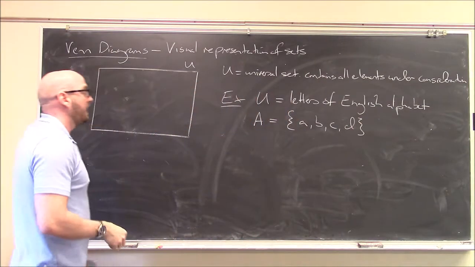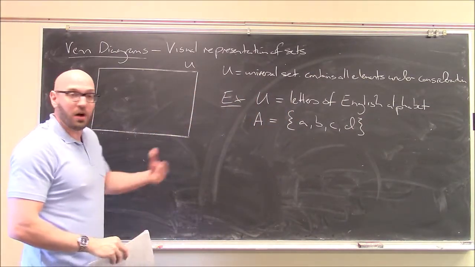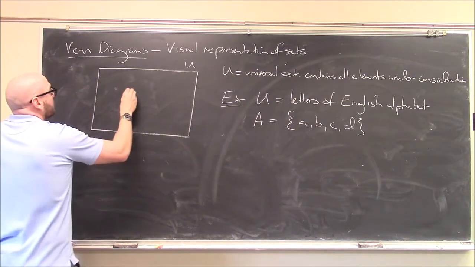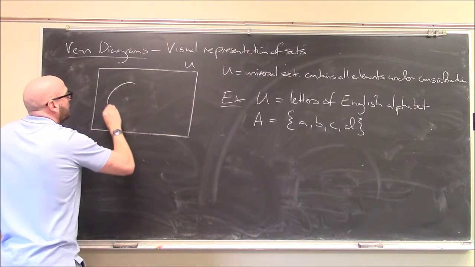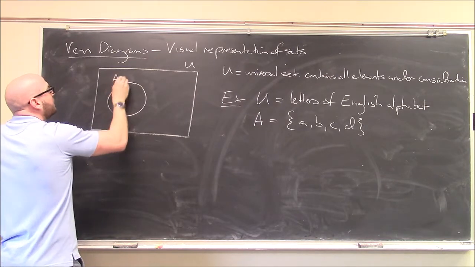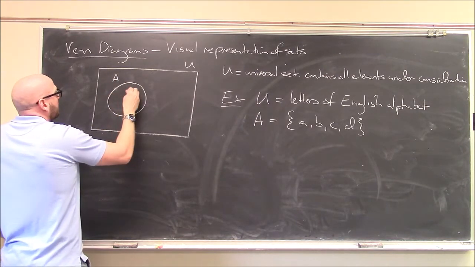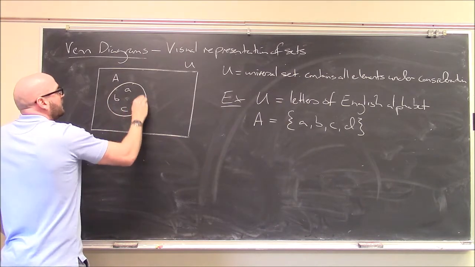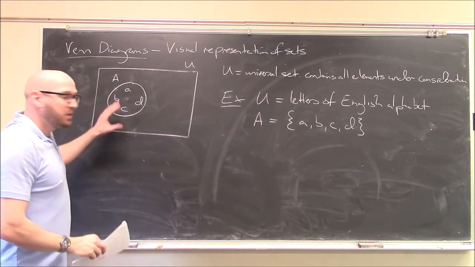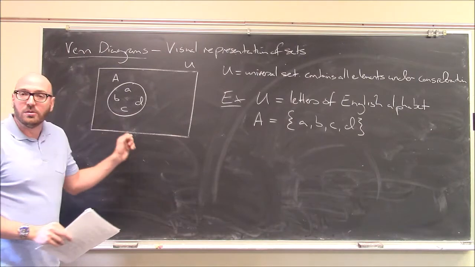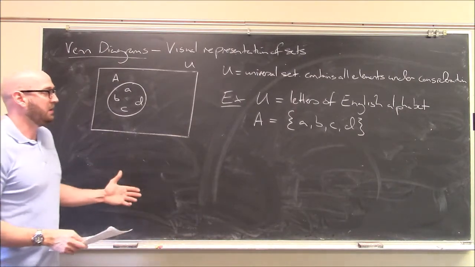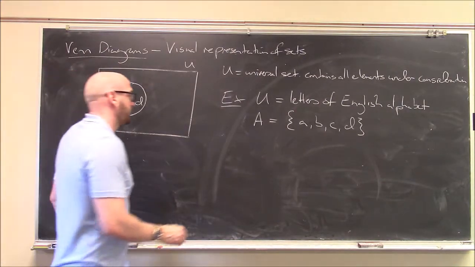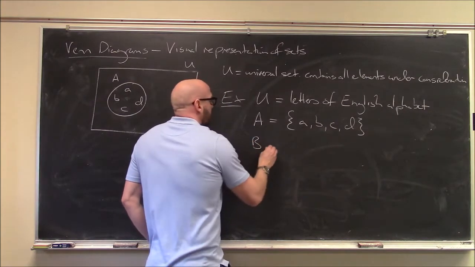So in a Venn diagram, you usually draw the sets that you're interested in as circles. So here's set A. And I've got the elements A, B, C, D. You don't usually draw in your picture the actual elements themselves, but I'm going to do this just to be descriptive in this first example. And let's do another set.